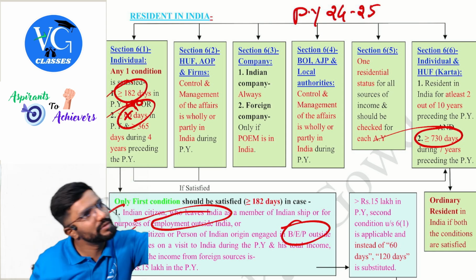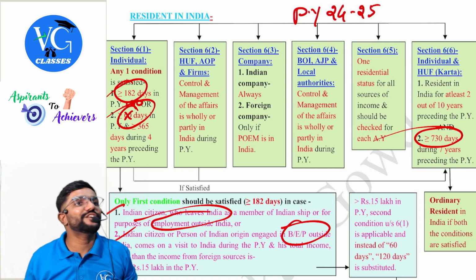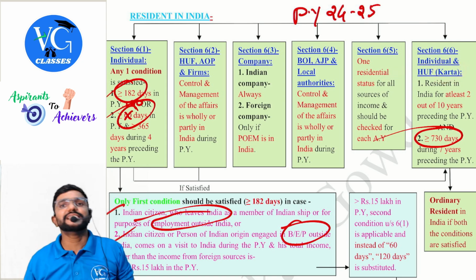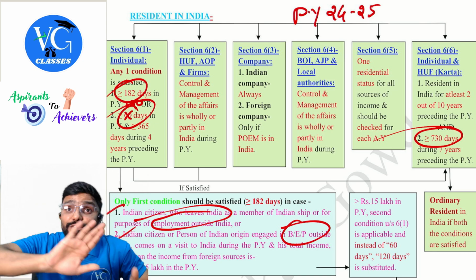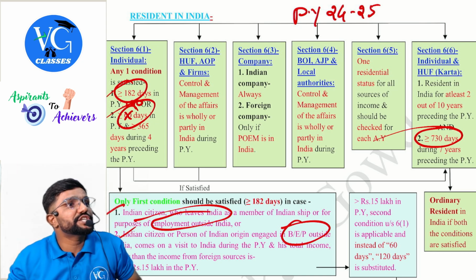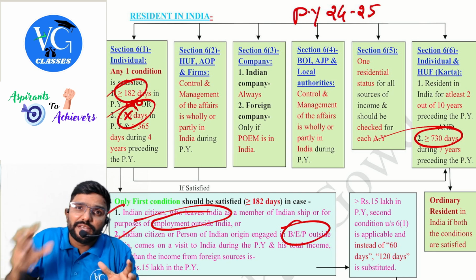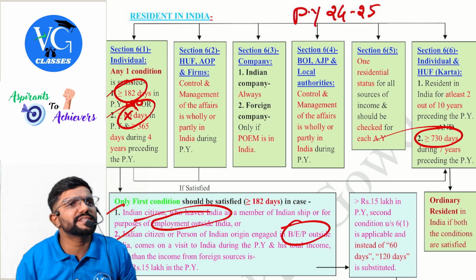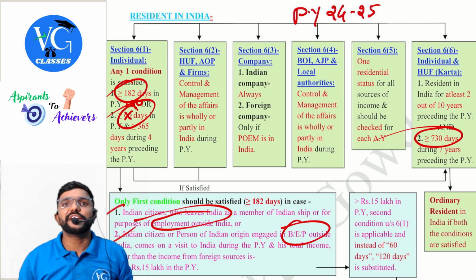Can HUF go outside India, come inside India? No, no. Karta, the head of HUF. On behalf of HUF, Karta should satisfy both the additional conditions given under section 6.6. If Karta satisfies both conditions, who will become ordinary resident? HUF will become ordinary resident.